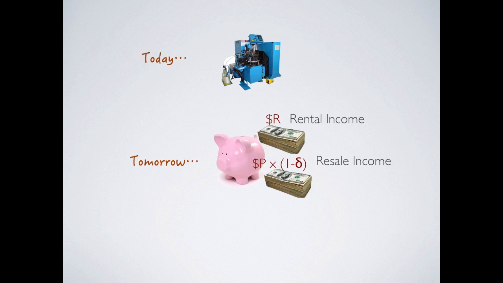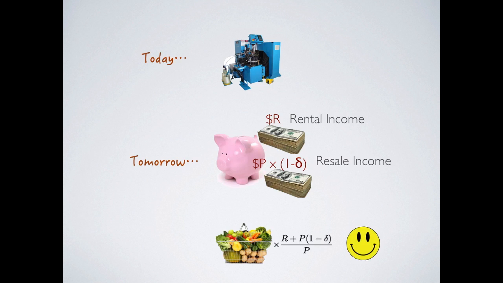And how many baskets you can buy, you simply divide the total income return from this machine tomorrow by P. So you would get (R plus P times 1 minus delta) divided by P units of consumption basket tomorrow.